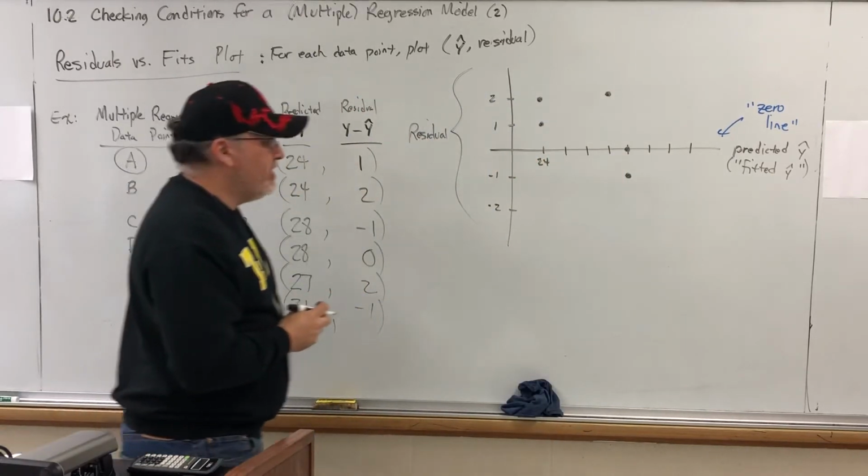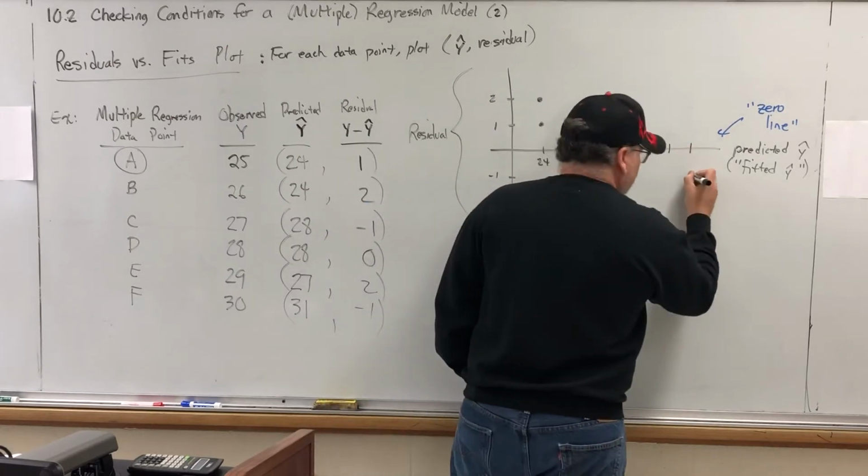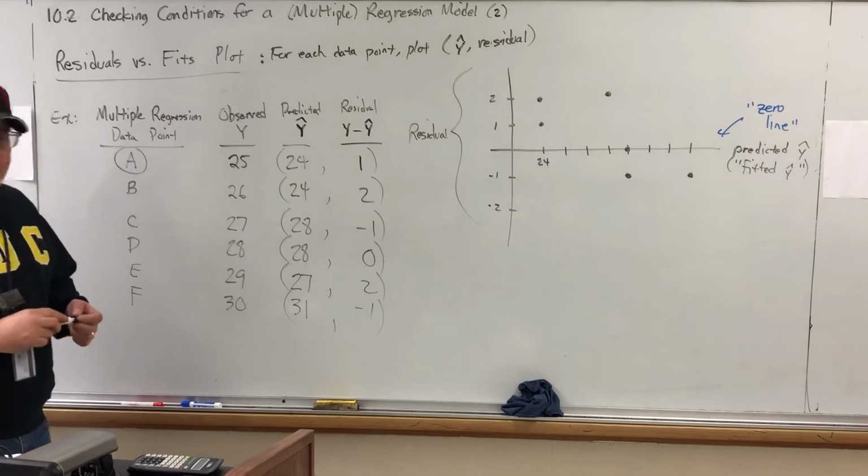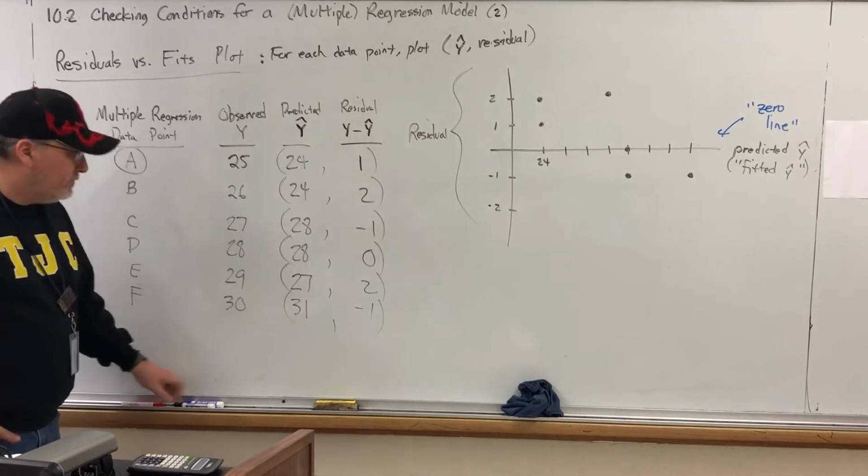And 31 comma negative 1 would be over here. And now we have a two-dimensional representation of a multi-dimensional scatter plot.